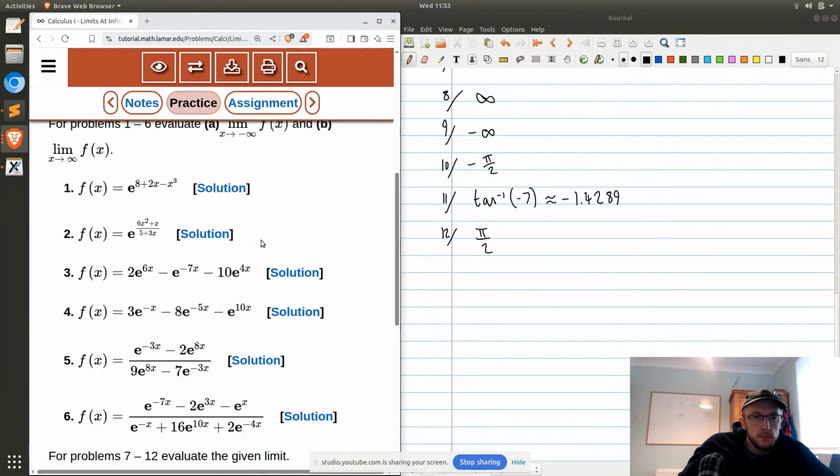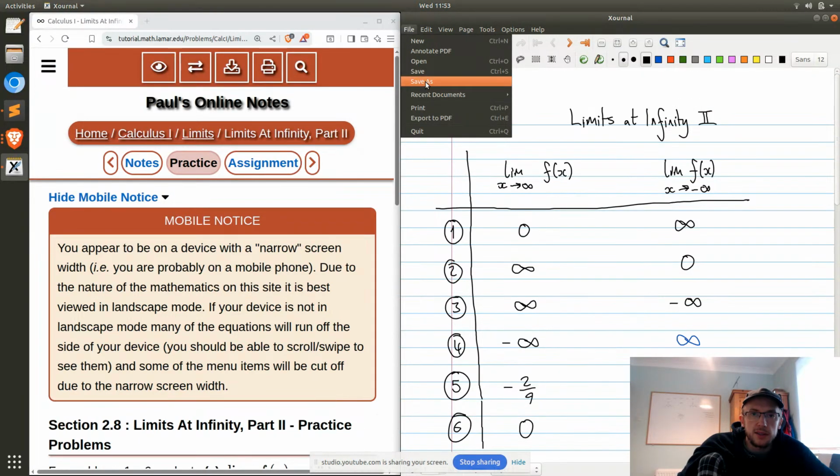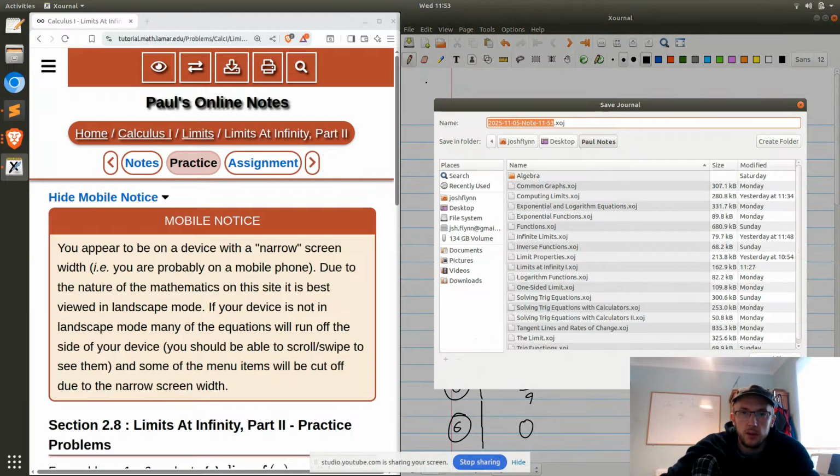Okay, great. So I didn't want to continue the limits at infinity section for too long.